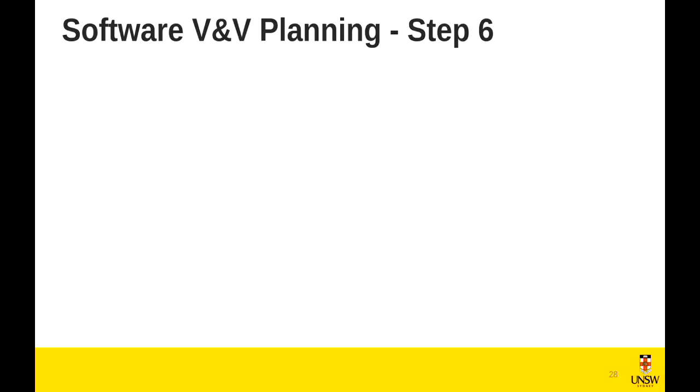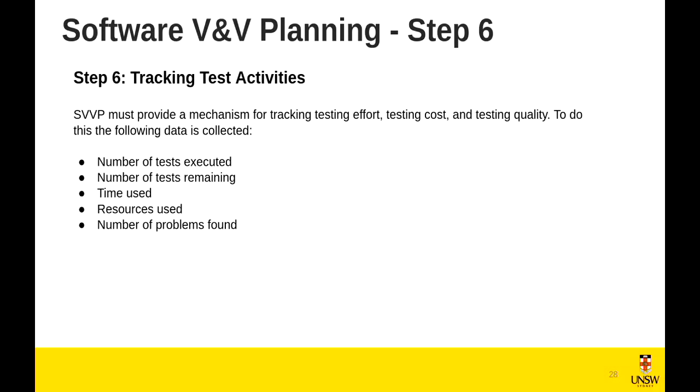And let's continue to step 6. So step 6 is related to tracking testing activities. So the software verification and validation plan must have some kind of mechanism to track the testing process, because most of the time it's not enough to just debug or to just identify bugs from the software.